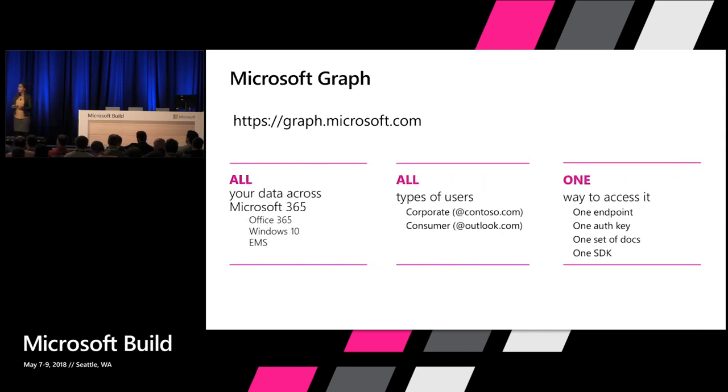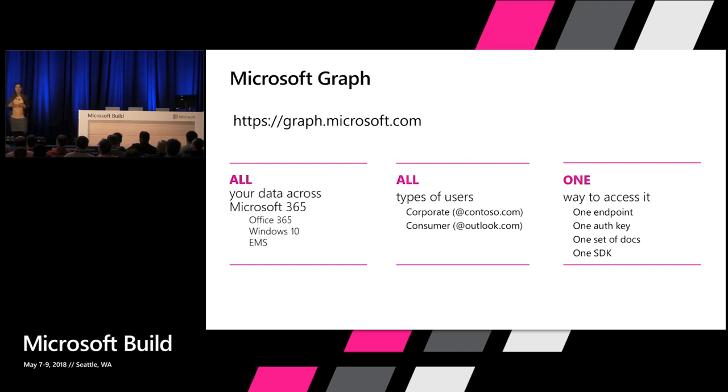So takeaway. Microsoft Graph is an API to all your data across Office 365, Windows, and EMS. All the users means that if you have an Outlook.com account, at hotmail.com, or at live.com account, or any of the consumer accounts that we have, or if you're a commercial organization on microsoftonline.com or at your own domains, that have an account in Azure AD, a service in Office 365, there's the data for you.